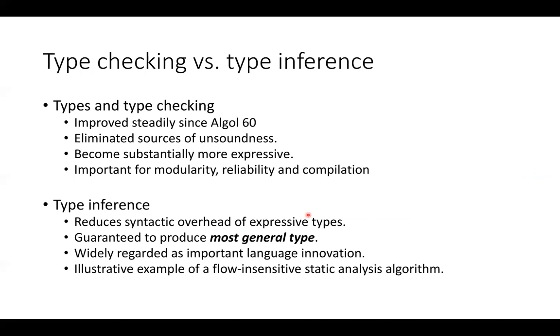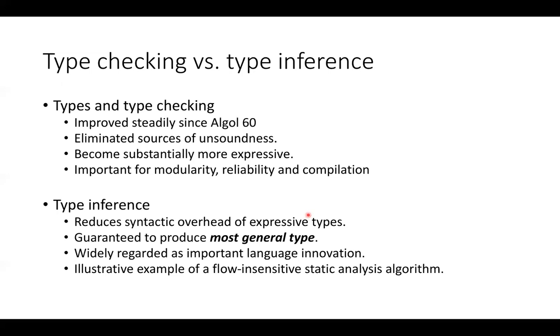It's not a cute language feature. I think programming language people really feel like this was an important language innovation because you get all the power of very cool, strong static typing and none of the overhead of type annotations. In fact, in some languages like Rust, you cannot annotate certain kinds of things with the appropriate type information.